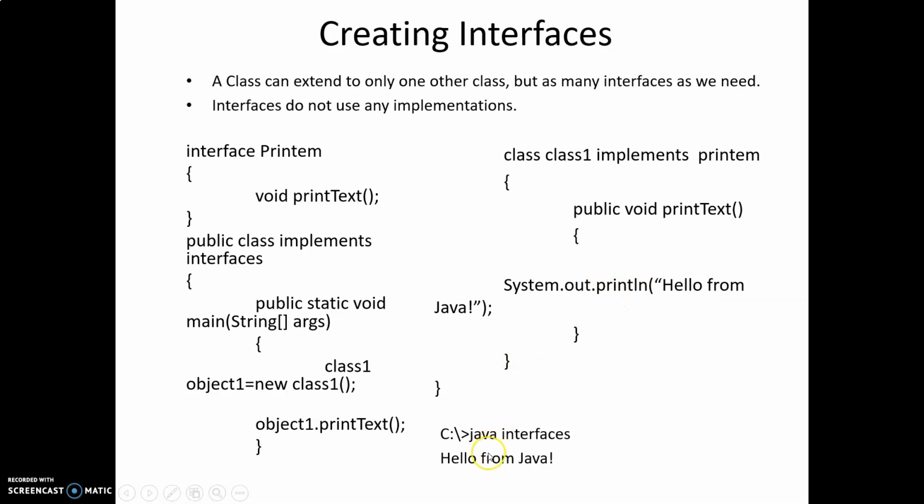So this will directly give our output as hello from Java. This is how we write the class, and this is the implementation of this particular interface, PrintM. This part is how we call it, and this is how we implement it. This is the syntax.